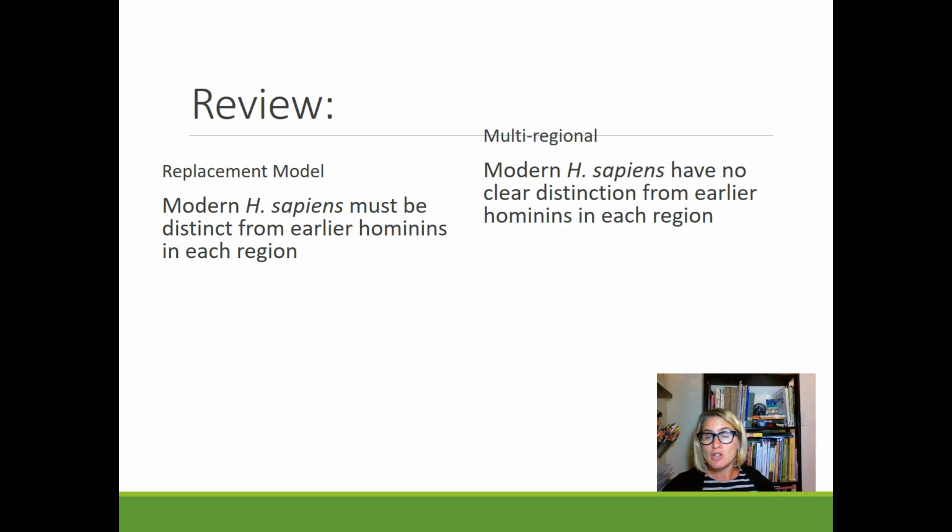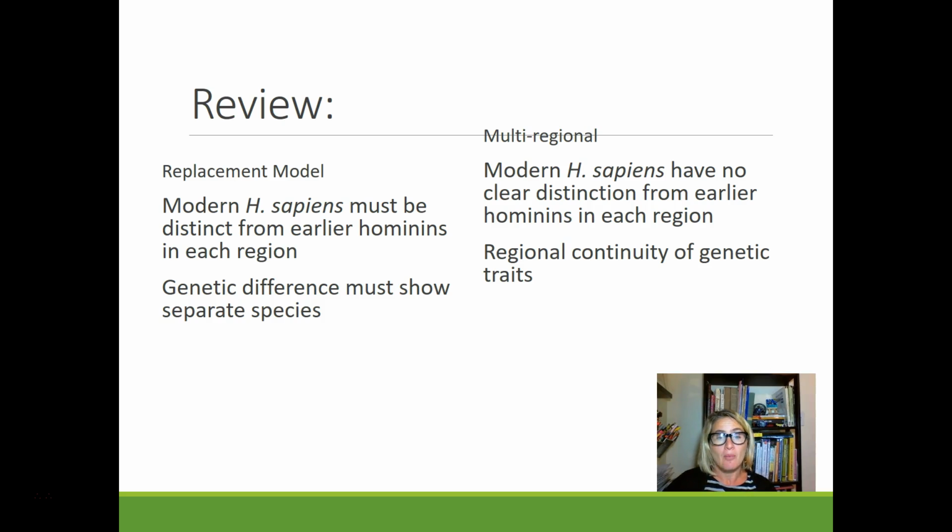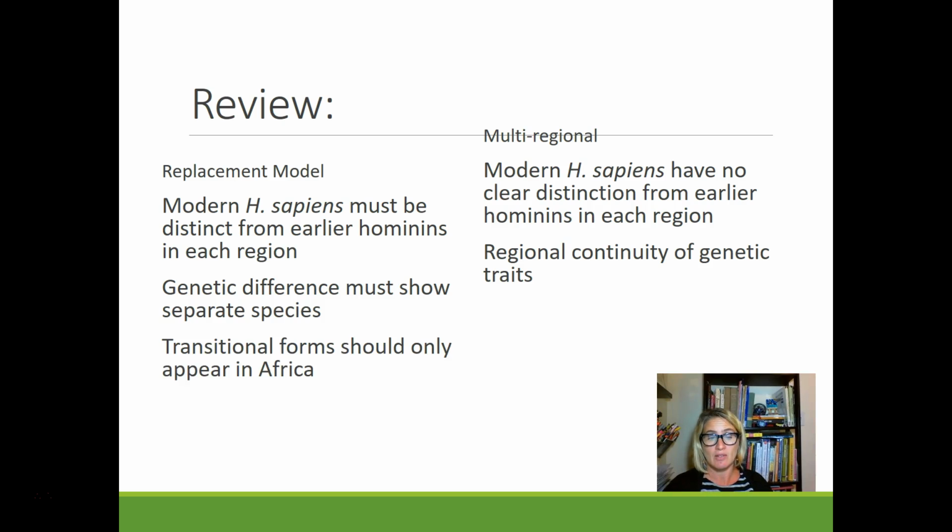In the multi-regional hypothesis, on the other hand, modern Homo sapiens and the regional fossils that you find there will have some local continuity. So the hominins in each region will be slightly different. The genetic evidence in the replacement model would show very different species. In the multi-regional, you would expect to see continuity of genetic traits.